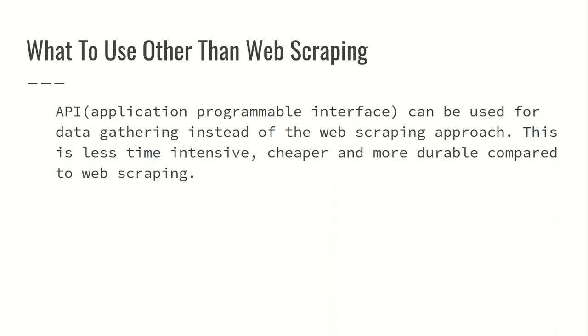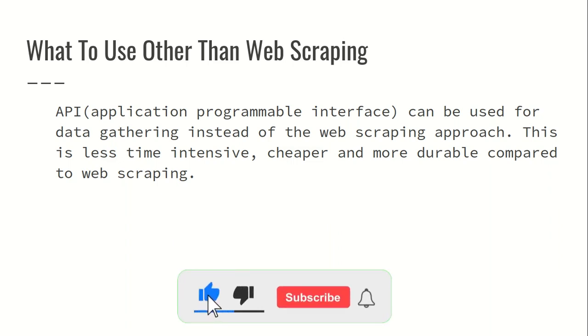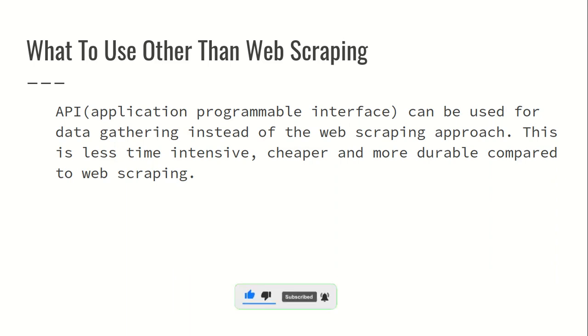So let's say that you want to collect information about Spotify, right? You might write a web scraper to scrape that information, maybe from their website or from their apps or whatever, but that can be a difficult task. Another way to do it, and the best alternative, is to just get access to their Spotify APIs, and those APIs provide you data that you can work with just like that. So yeah, that's one of the challenges of web scraping, and one way to get around this is simply using an API.